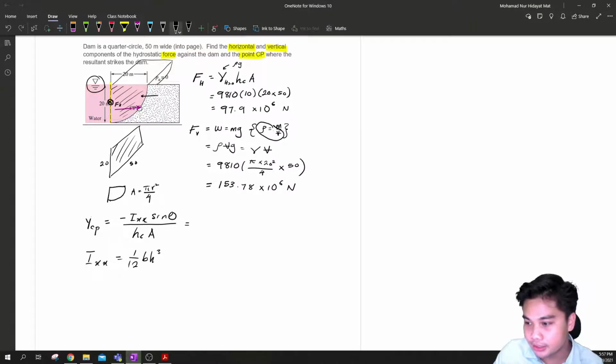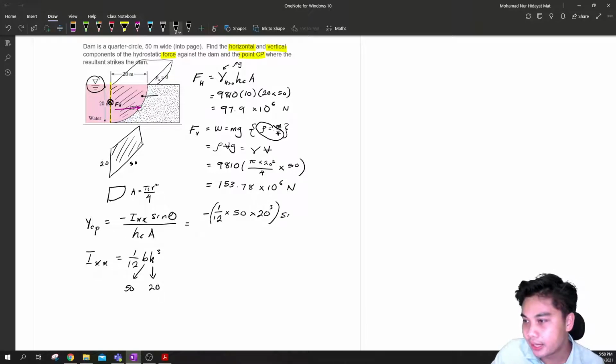Definitely your H is 20 and then your B should be into the page, which is 50. Okay, so just substitute into the equation. Negative IXX, which is 1 over 12, multiplied by the B, which is 50, multiplied by the H, which is 20 cubed.